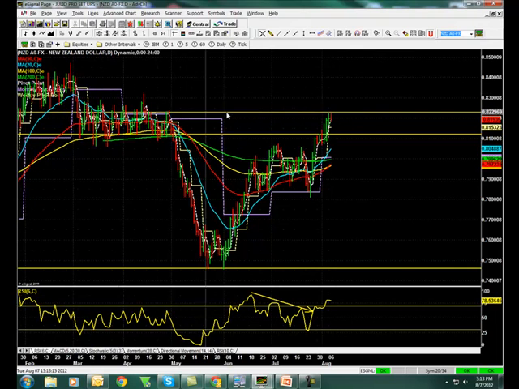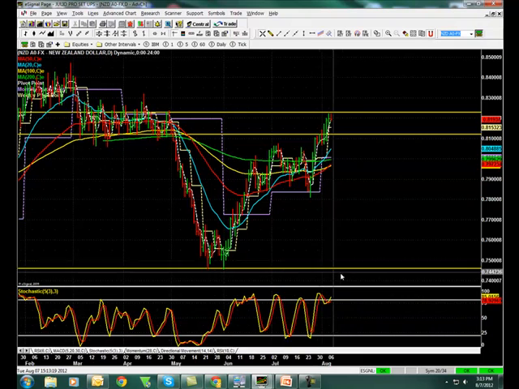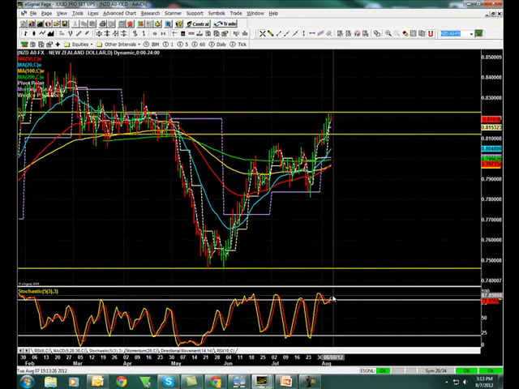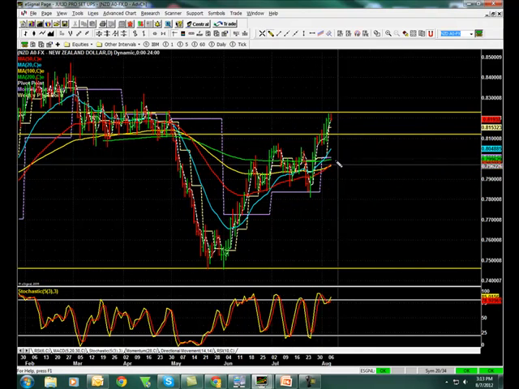In fact, this is giving you a clear signal, although there is no divergence there, and there's no divergence on the stochastic as well. But if it pushes down from there, this is going to hook down, and we're going to get a divergence there. See that?